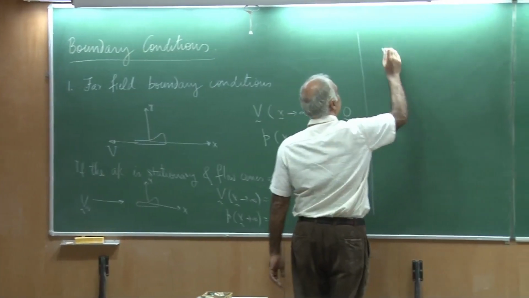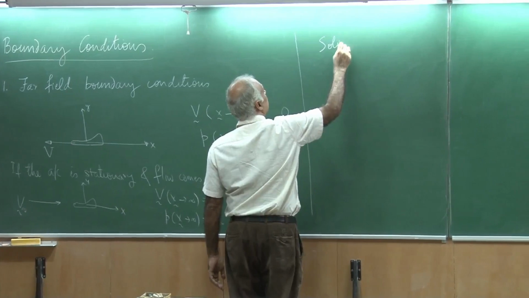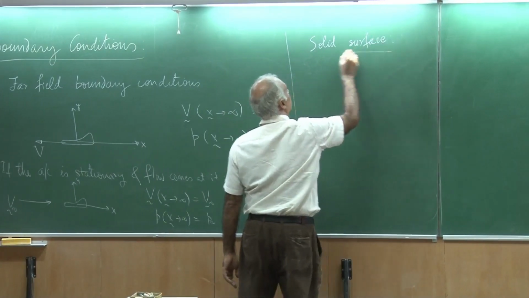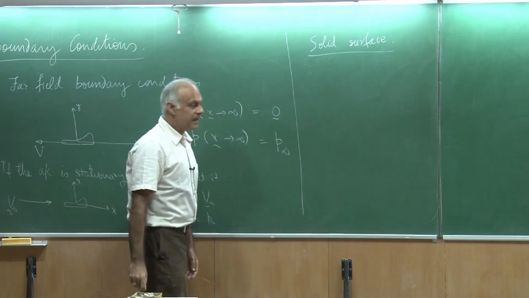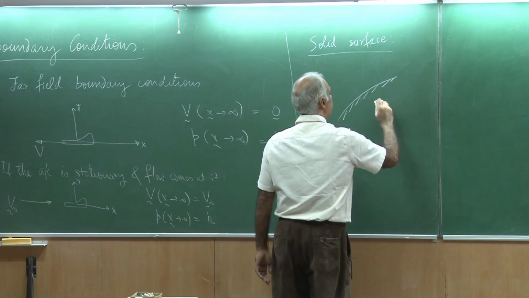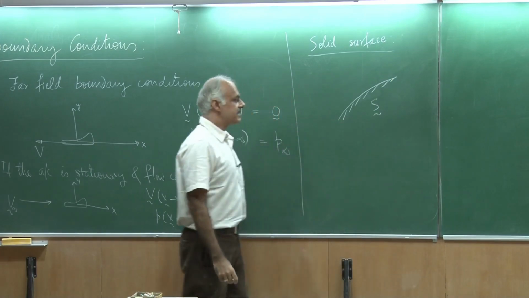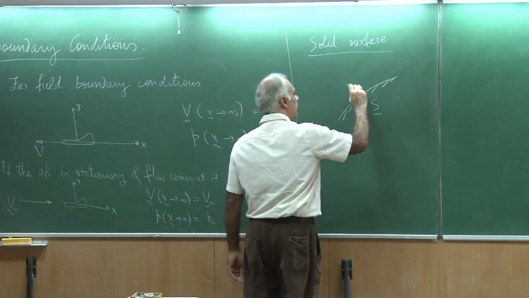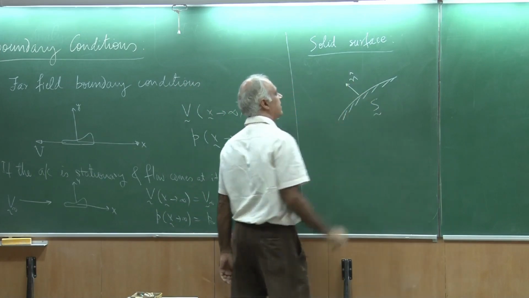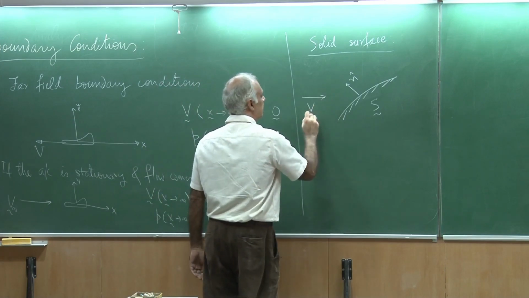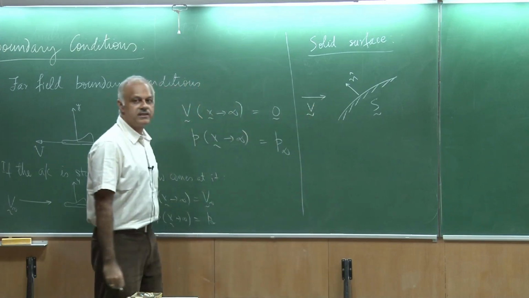What about the solid surface? So I could imagine that there is a body, let us say S is the surface of the body, and there is a unit normal to it, and V is the velocity of the fluid.